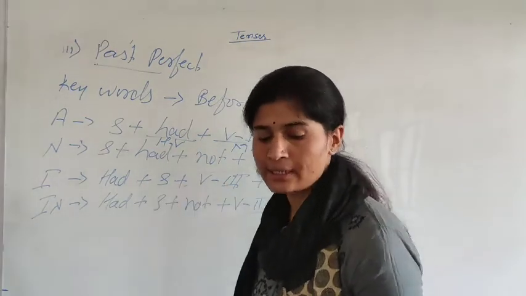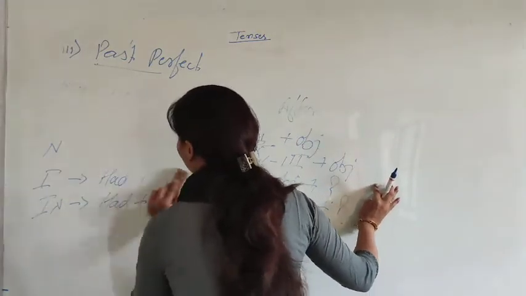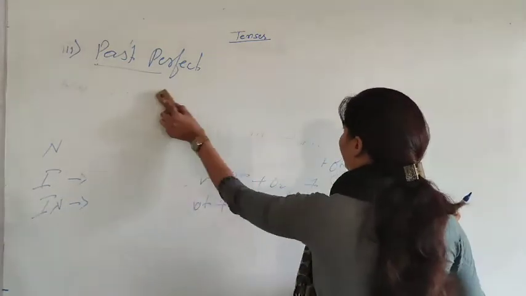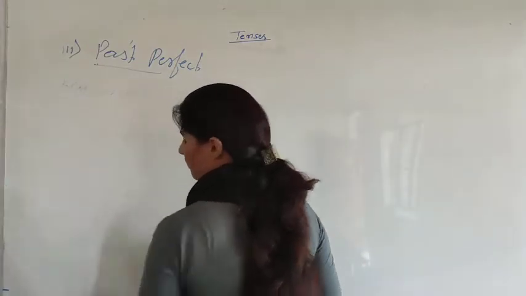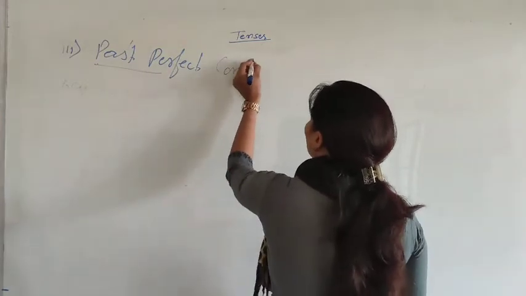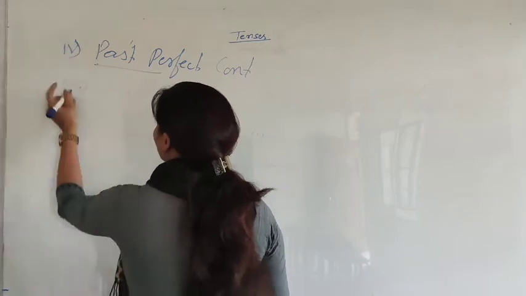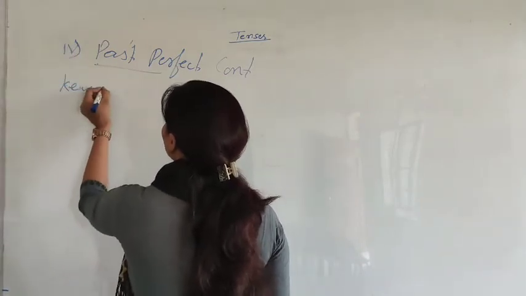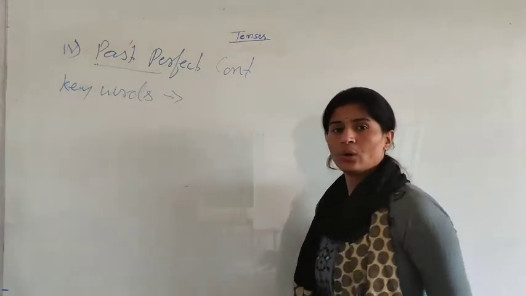The next one is past perfect continuous. See the next one, past perfect continuous, that is the fourth type of past tense. The keywords, first see the use of past perfect continuous.